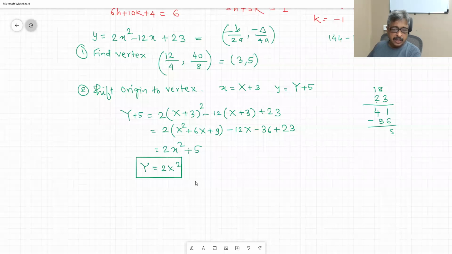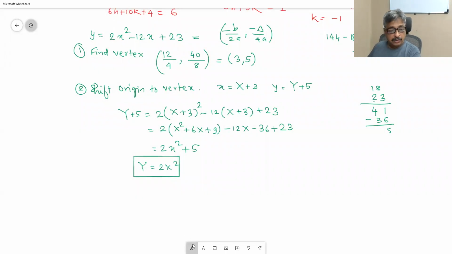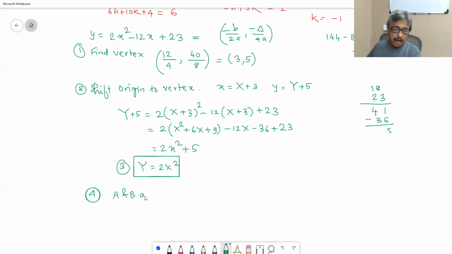Okay, then there are a couple of more questions. Finding the equation of P is done. I mean, shift origin to V, find the equation. So this is 3. 4 is: A and B are the points on P, such that AB is parallel to the x-axis. P means parabola.